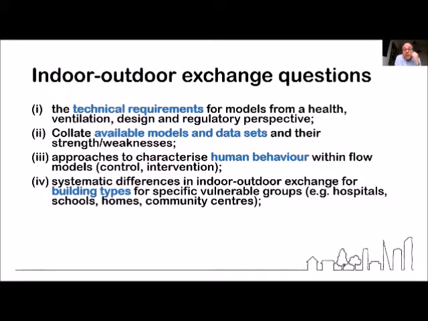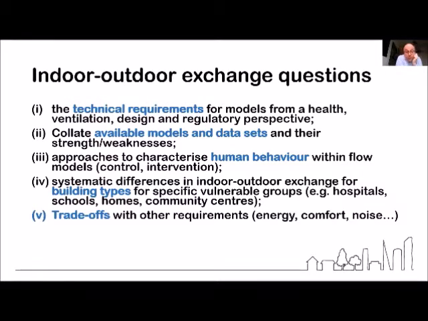You can think in terms of vulnerability groups: hospitals, schools, homes, community centers. And as I already said, every building is unique. So we can categorize building types, but even within those categories, the differences will be massive. And the question is, how do we deal with that?